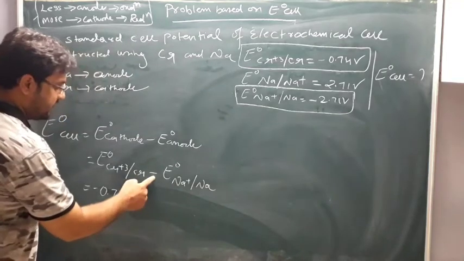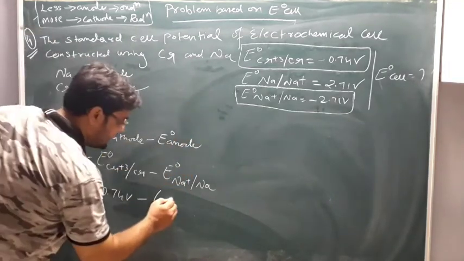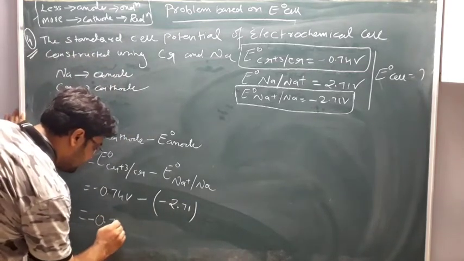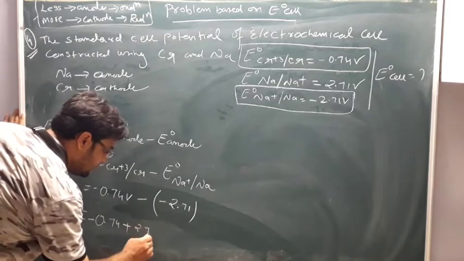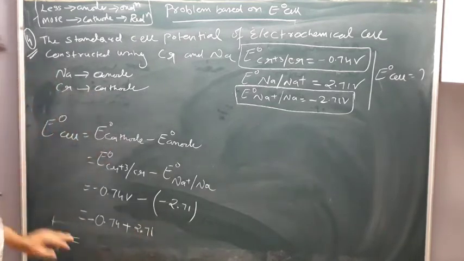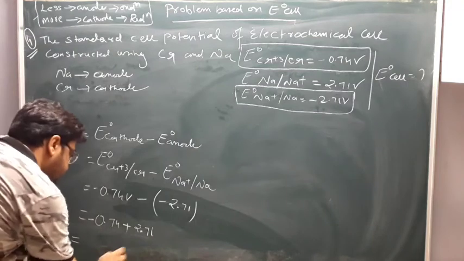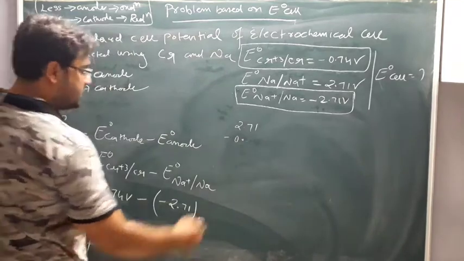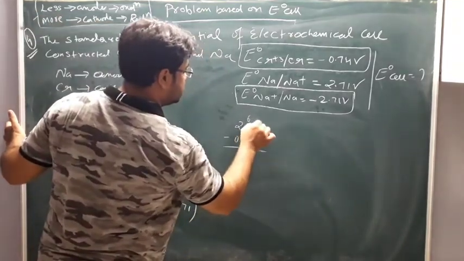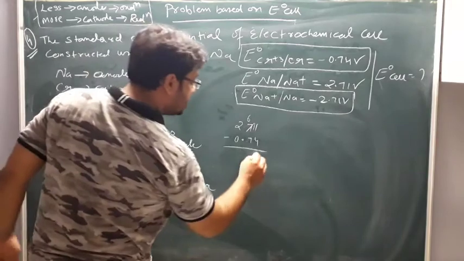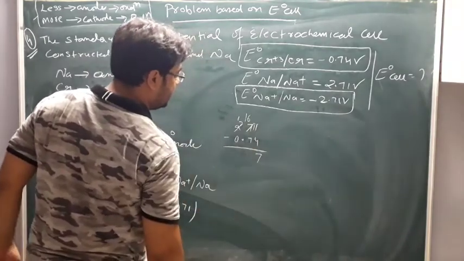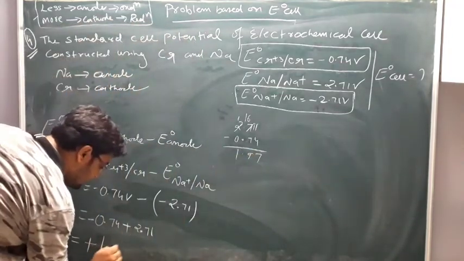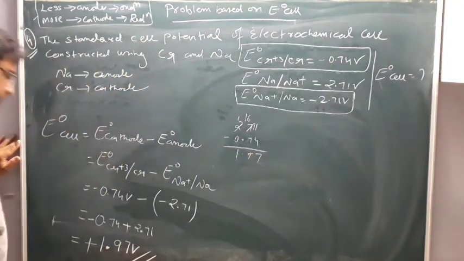This minus from the formula, and the sodium value itself is minus, so minus 2.71. Solve the problem: minus 0.74 minus minus 2.71, which is plus 2.71 minus 0.74. The answer is 1.97 volt. Clear this part?